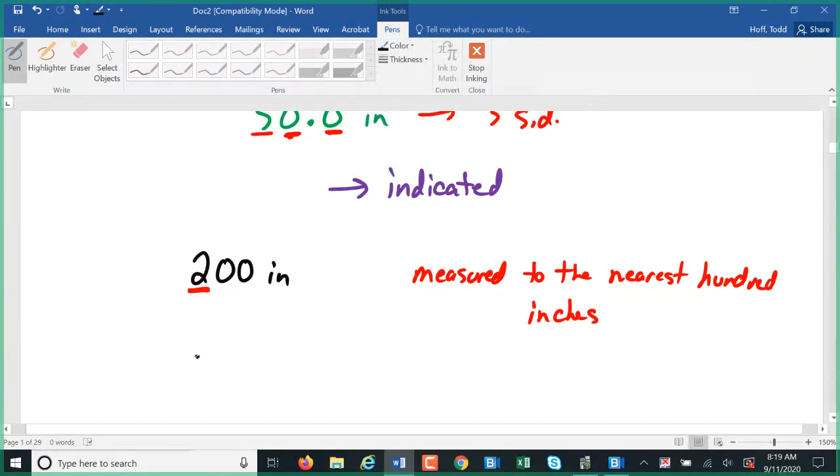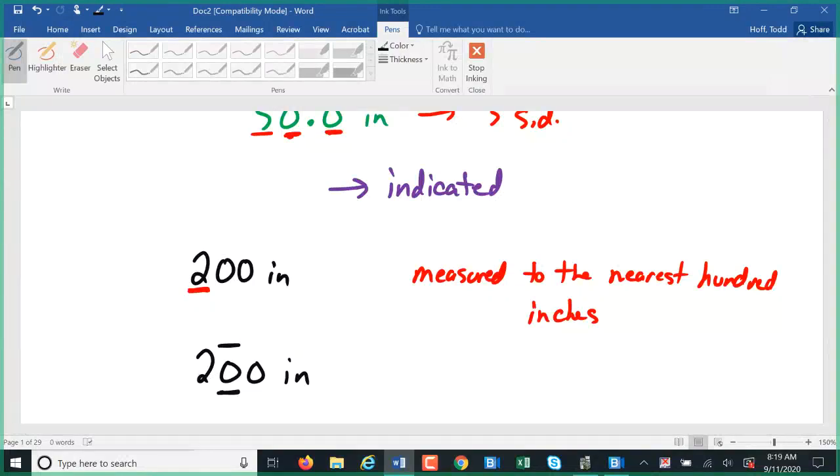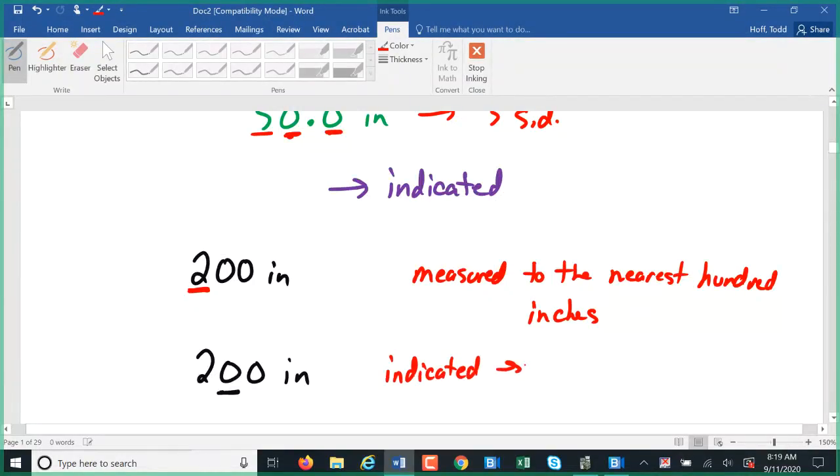However, if I write it, we can either put the bar above or below the zero, either one. Depending on what textbook you're using, I've seen it done either way. I'm going to put the bar below the zero for this course. What that is saying is that it's indicated that it's measured to the nearest 10 inches.